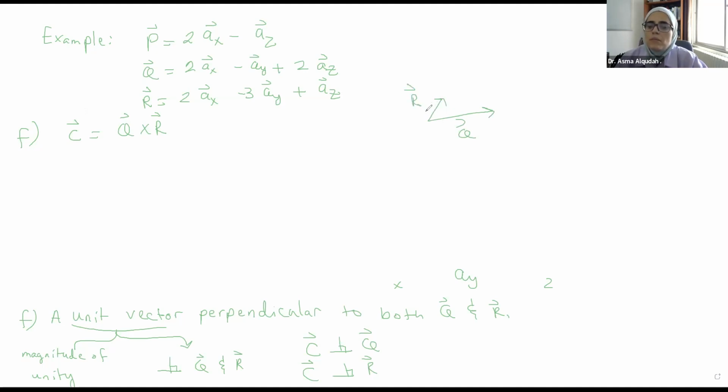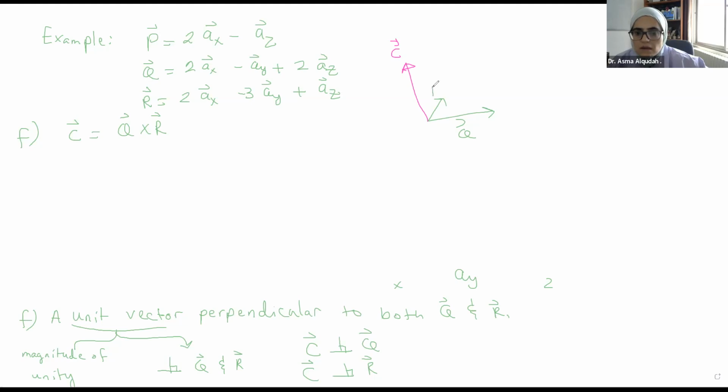If we do the cross product between them, then the resulting vector will be directed perpendicular to the plane containing Q and R. Okay, so this is from where we can get such a vector. Let's say this is C.